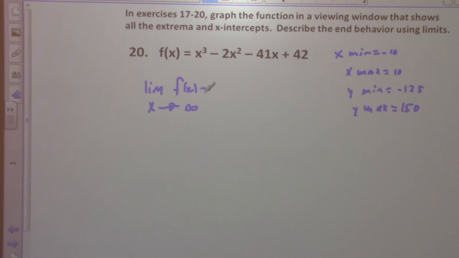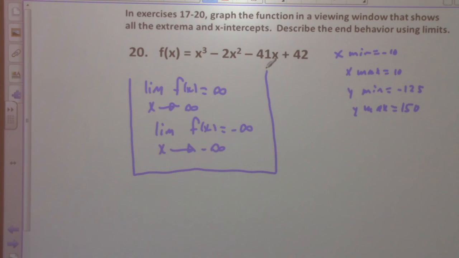Positive infinity, and limit as x approaches negative infinity of f of x is equal to negative infinity. Starts low, ends high. Okay. So pretty simple, just getting acquainted with your calculator pretty much.